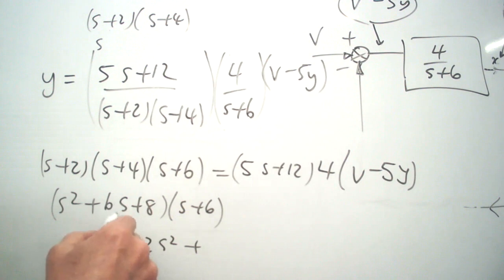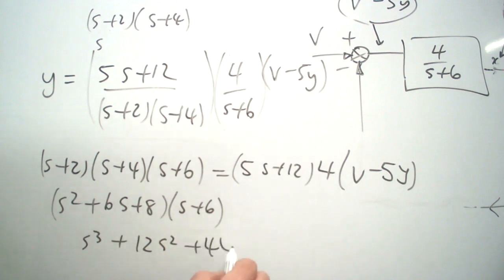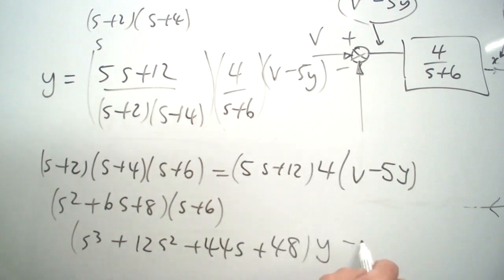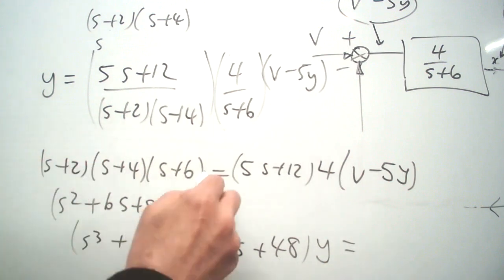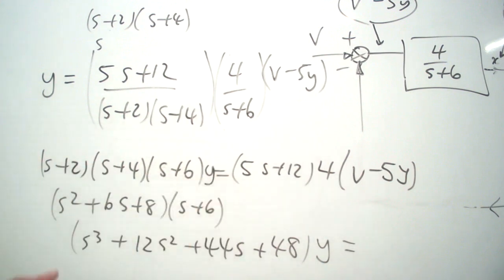And 6 times 6 is 36, 36 and 8 is 44s, and 6 times 8 is 48. That's 48 times y, so that's all that stuff. That should have been a y there, shouldn't it? So when I multiply that by that by that, I get those terms there.